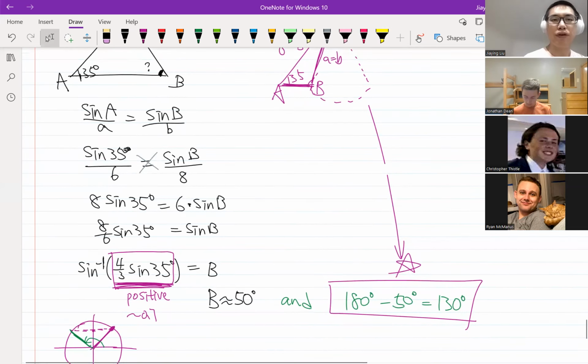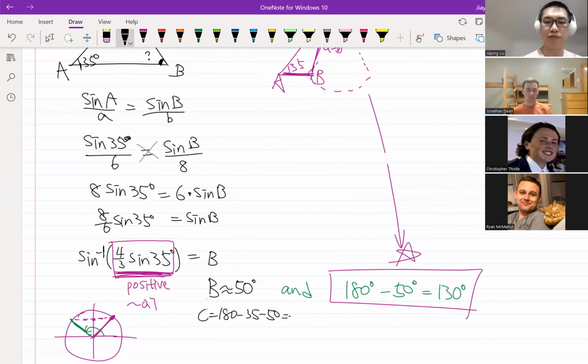If I want to find angle C, that's 180 minus 35 degrees minus 50 degrees, so 180 minus 85. That's about 95 degrees. No problem there. But if B is 130, then C is 180 degrees minus 35 minus 130. That gives us about 15 degrees.